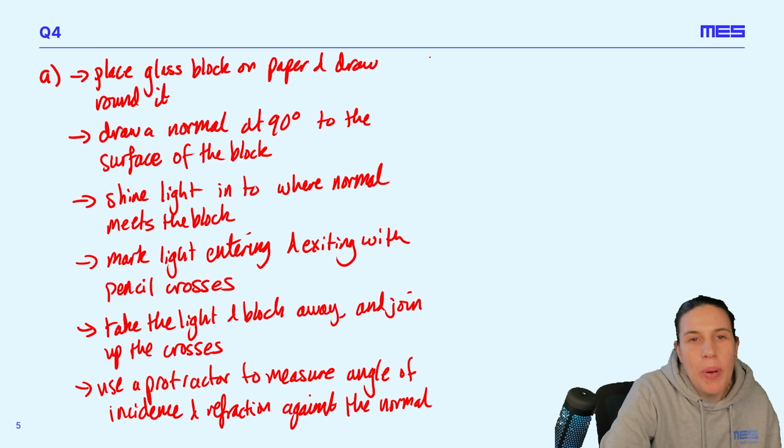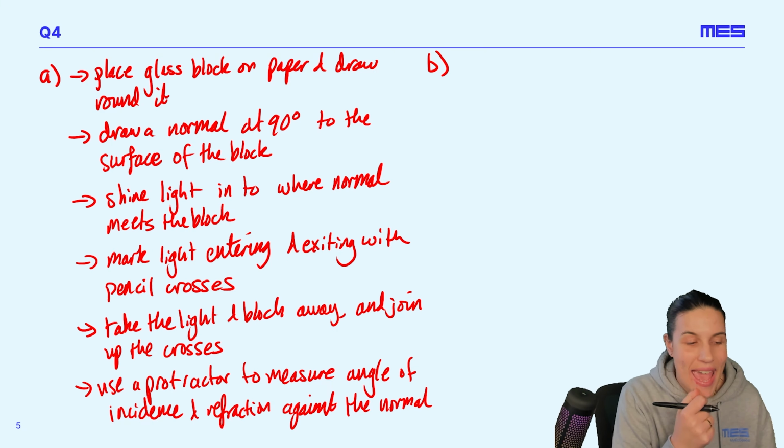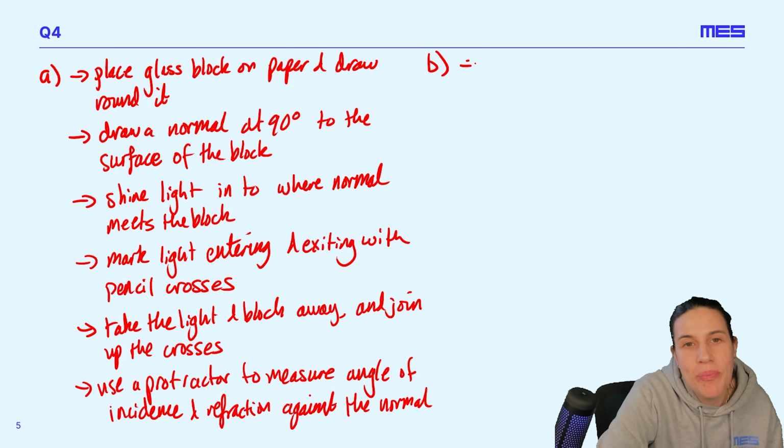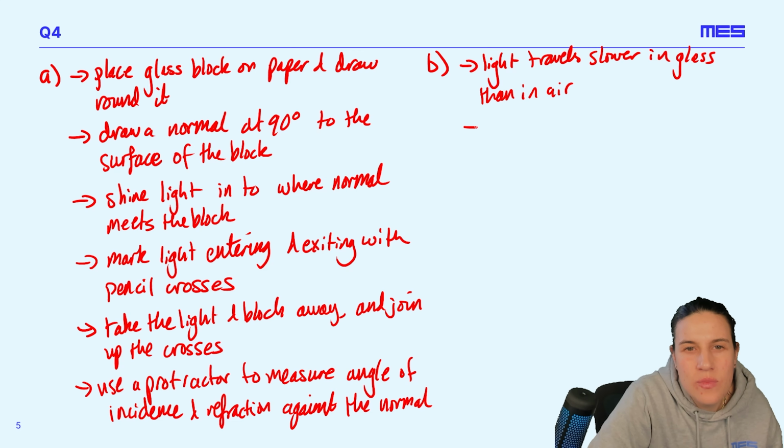Now, for part B, we need to explain why light changes direction when it enters the glass block. So light travels slower in glass than in air.